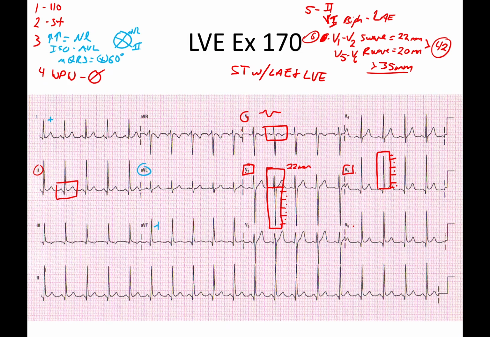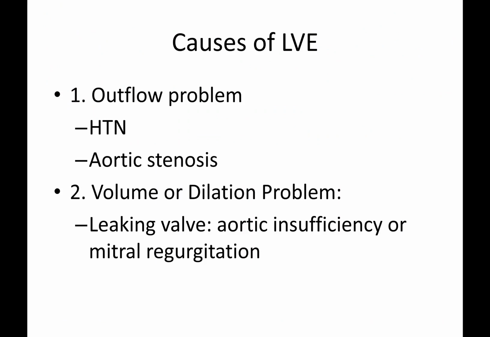But it really is just that simple. All right. Causes, well, outflow stuff. Kind of makes sense if you think about it. Hypertension. That muscle has to work harder. Aortic stenosis. You've got that narrowing. So that's hard work.